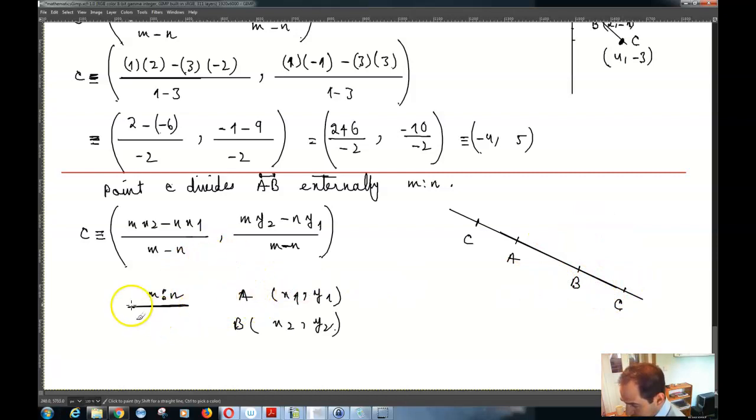And if somebody told you that the point C divides BA externally in the ratio m to n, then you'll have to do the exact opposite of this situation, meaning that you take your A as x2 y2 and B as x1 y1.